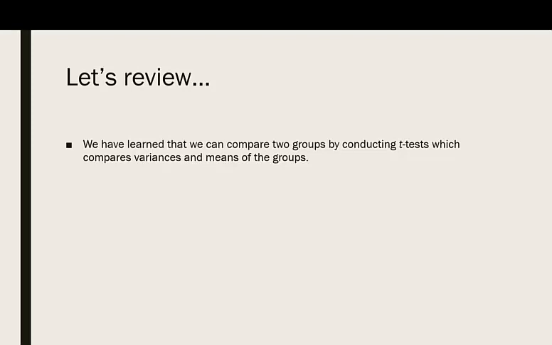So far, we've learned that we can compare two groups by conducting our t-test, which compares the variances and the means of the groups. In the t-test, we learned that we had three different t-tests to choose from for our analysis, whether it was a dependent test, an independent test that had the same variance, or an independent test that had separate variances.